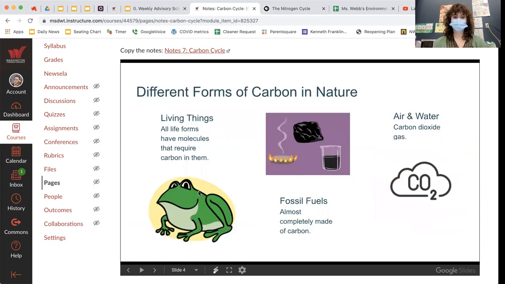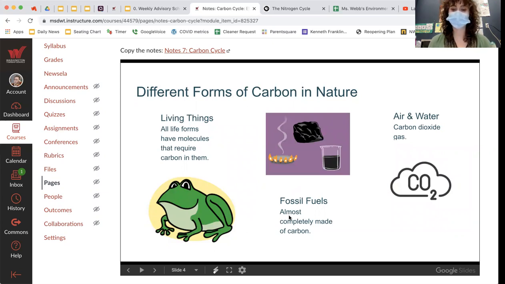Let's look at the ways we're going to see carbon in different forms in this diagram, in this cycle. Living things: now that we know that animals and plants both contain a large amount of carbon in every single one of their cells, if you see a living thing, you can think of it as a form of carbon. Fossil fuels have even more carbon than that, like 99% carbon.